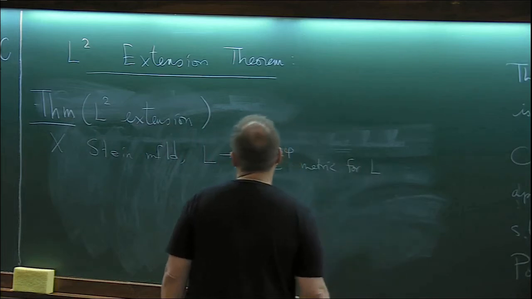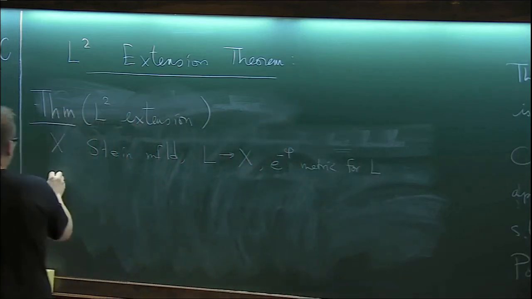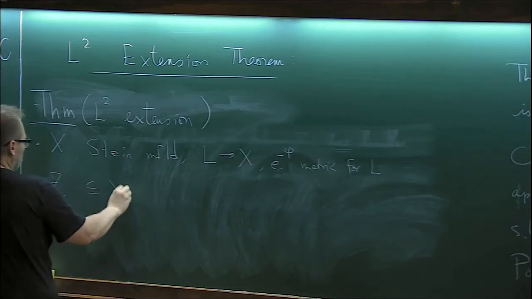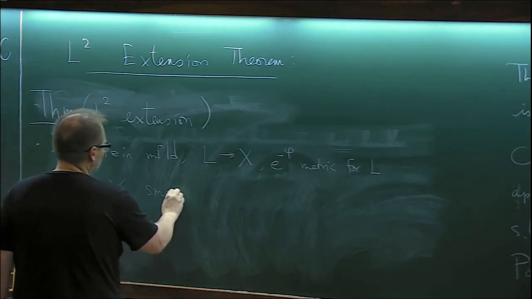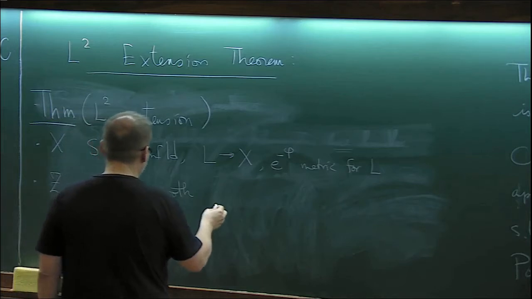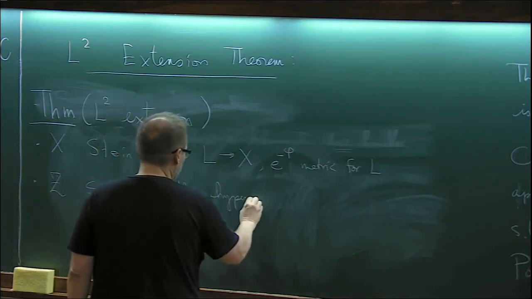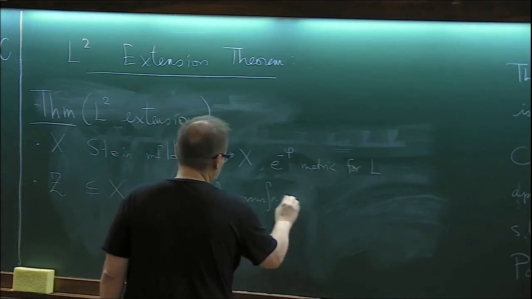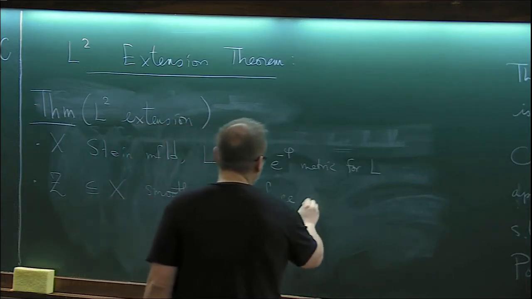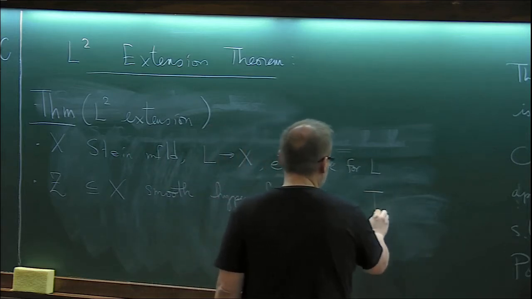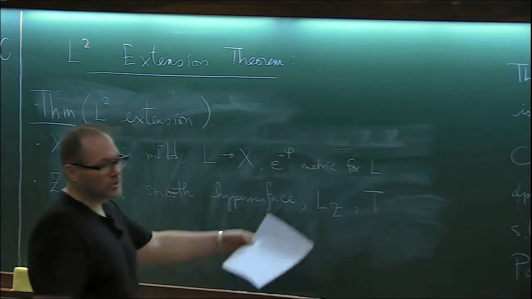Then I have Z, a smooth hypersurface. By the way, smooth can be removed with some effort, but let's not worry about it. And then we have the line bundle LZ, and a section T for it, which we just defined.